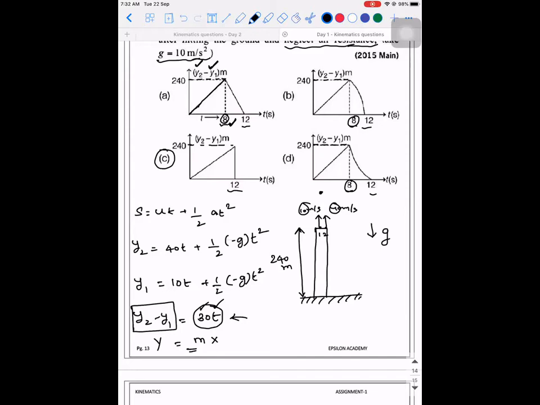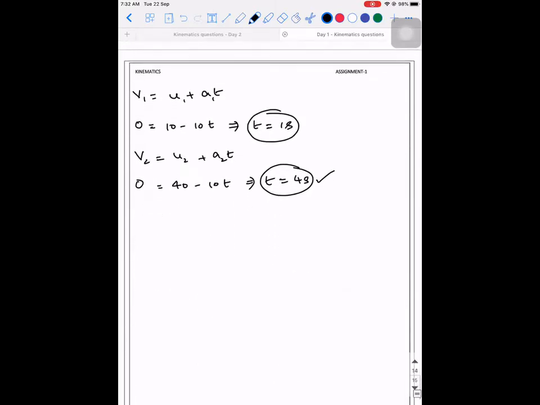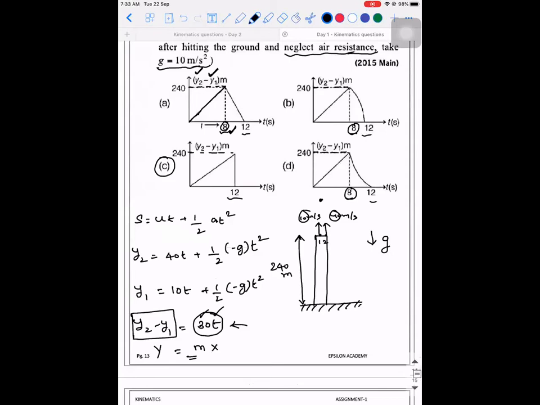Are you guys able to understand what I'm doing? Between 8 to 12 seconds, it's coming back down, sir. It is coming back down, okay. But the question is, how is the graph varying between the relative positions?